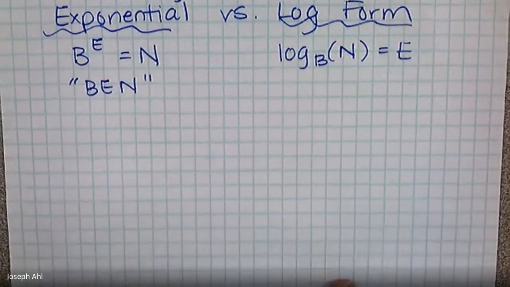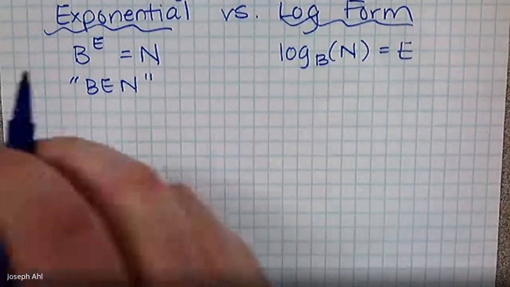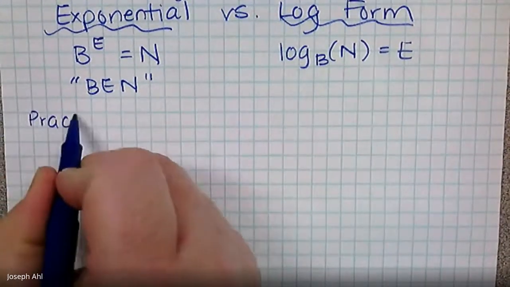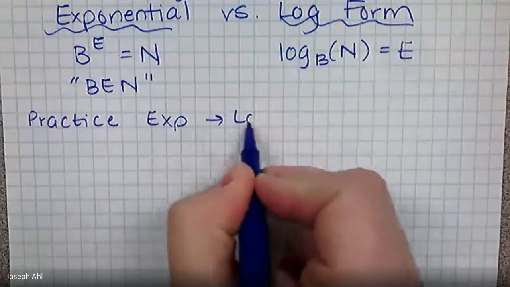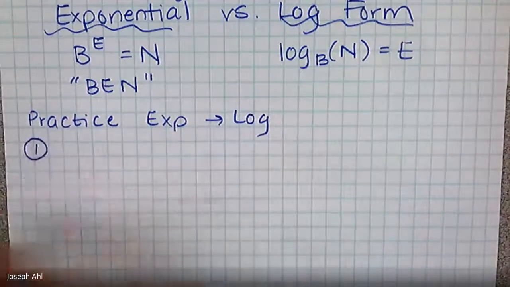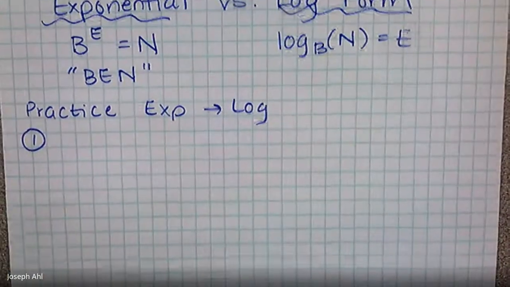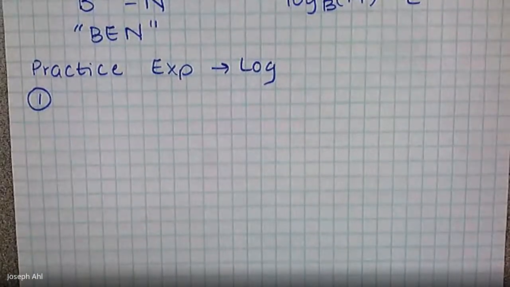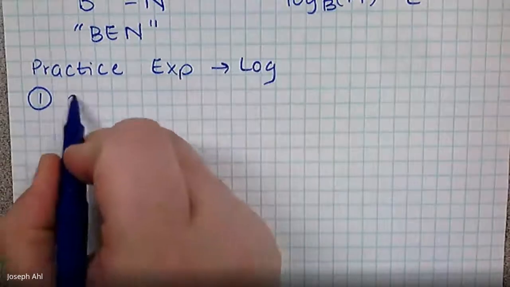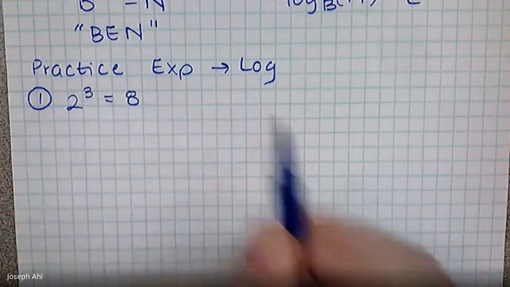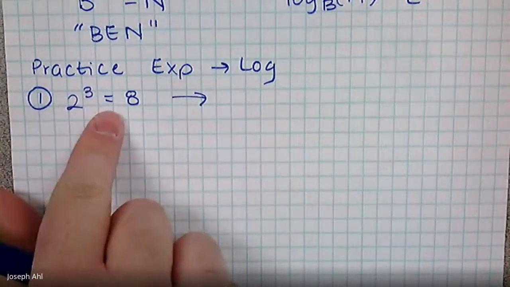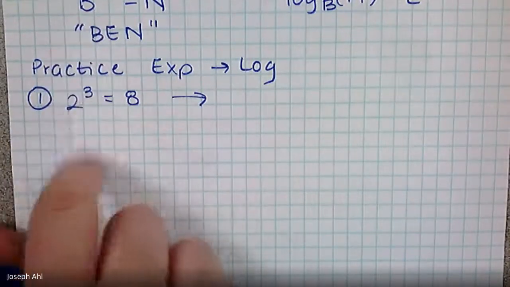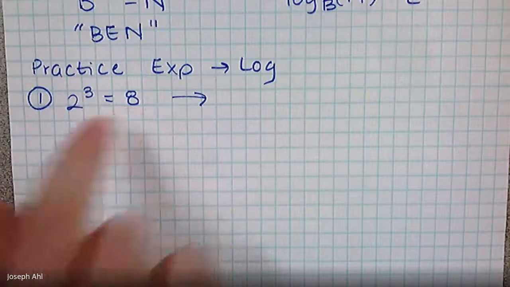So what we're going to do right now is practice converting between these two forms. The first thing we'll practice is going from exponential to log form. For some examples, let's take a look at 2 to the third power equals 8 and what that would look like in log form. This is currently in Ben form from up there: base to this exponent equals the number.